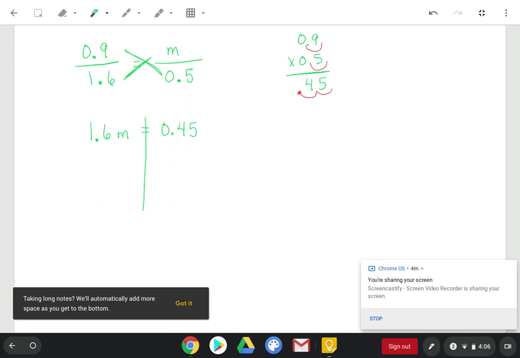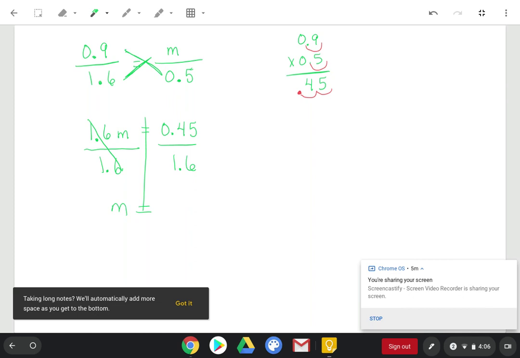Okay, so now we need to figure out what the m is equal to. On the left-hand side of the equation, we have 1.6m. On the right-hand side, we have 0.45. We need to do the inverse of multiplying by 1.6, which is dividing by 1.6. And what we do on one side, we must do to the other. 1.6 divided by 1.6 is 1, so we have 1m on the left-hand side.